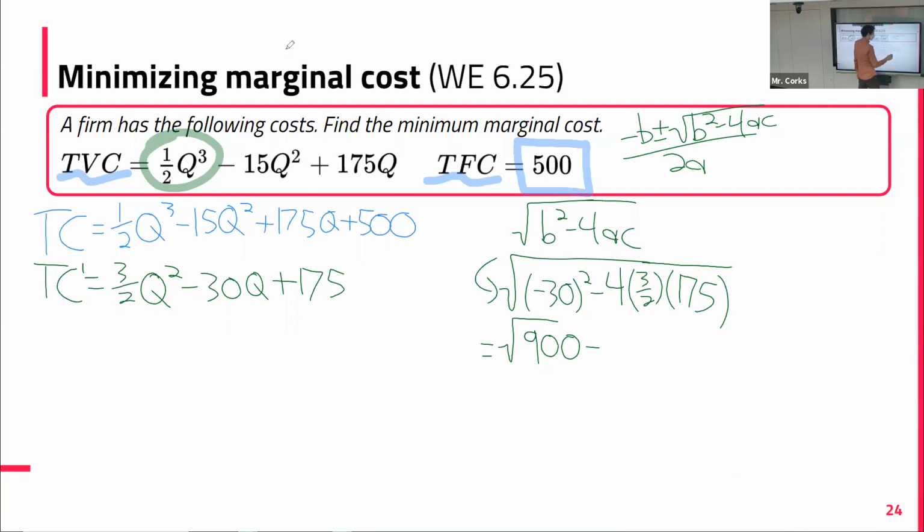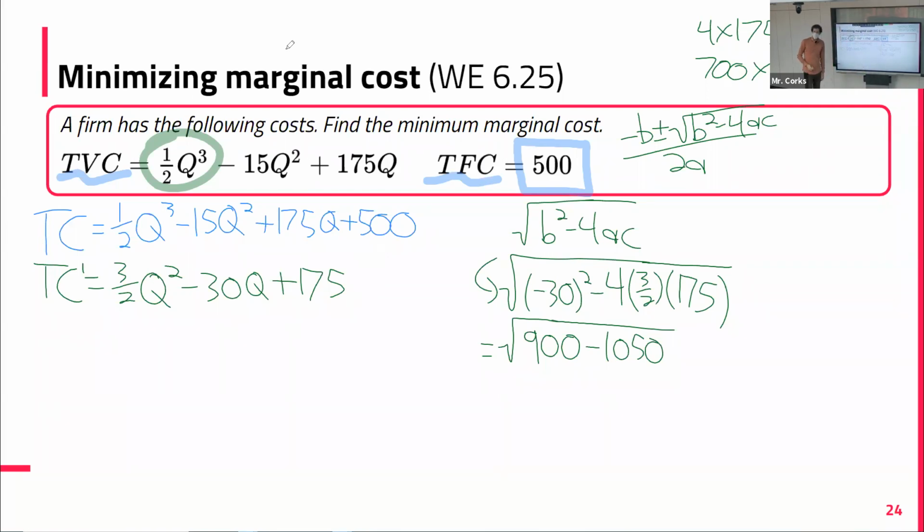I would think 4 times 175 is 2 times 350, which is 700. And then 700 times 1.5, so that's just plus another 350, 1050.